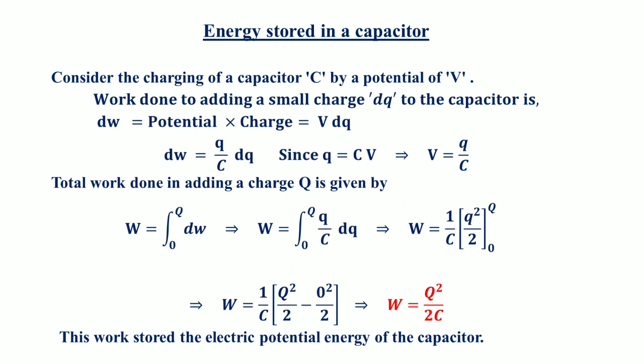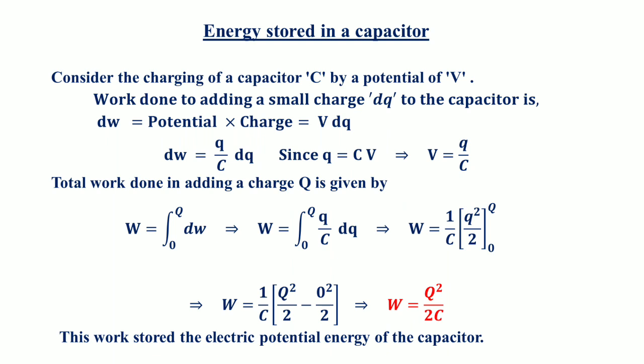So W is equal to integral 0 to Q dW, because initially the charge was 0 and finally the charge becomes Q. We substitute Q by C dQ instead of dW. The constant term 1 by C is taken outside, because Q is a variable: as time increases, Q also increases because the capacitor is charging.